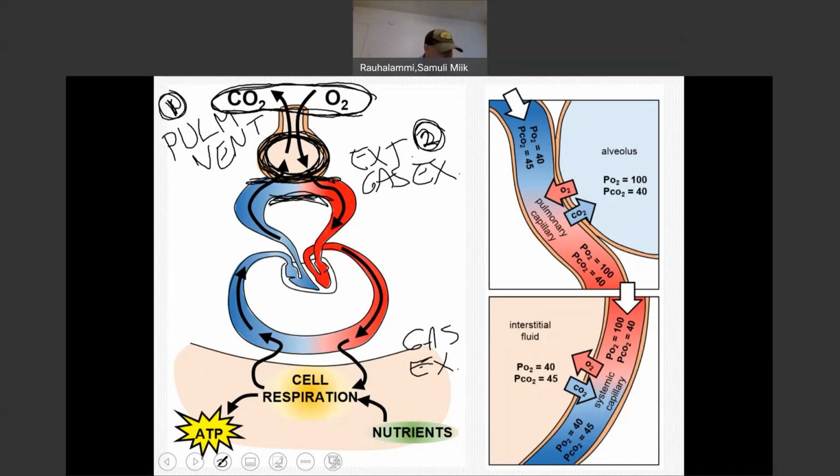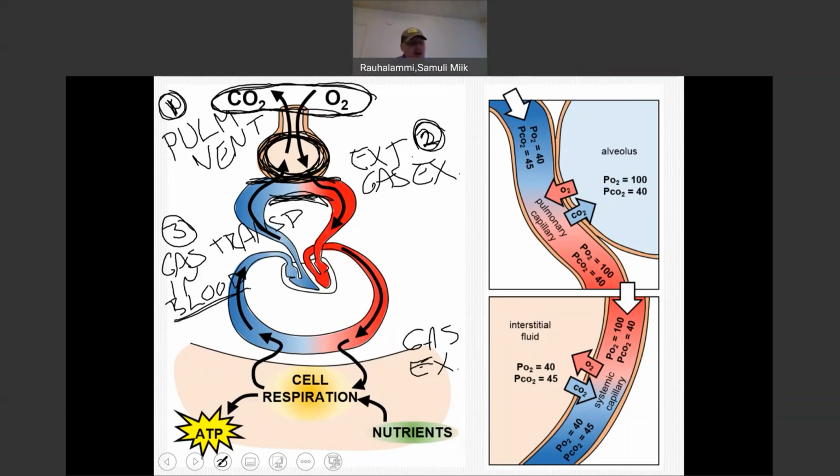The third phase that we might talk about is our gas transport. The thing to notice here is that the transport of the gases in respiratory phases is through the blood. So the circulating blood supplies oxygen to the tissues and brings back carbon dioxide to the lungs.